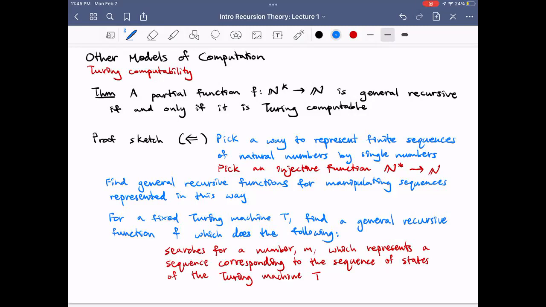It looks for a number n that codes a sequence which says, here's what the Turing machine was doing in each step, and checking that that sequence actually does code what the Turing machine was doing at each step. That's primitive recursive. So you have a single use of unbounded search together with this primitive recursive checking that it encodes a sequence and that the sequence is following the rules of the Turing machine.